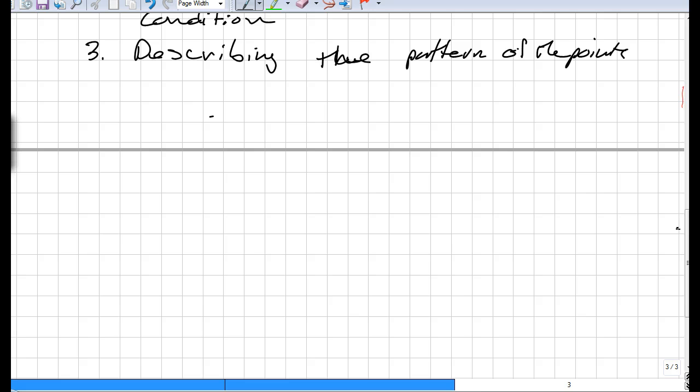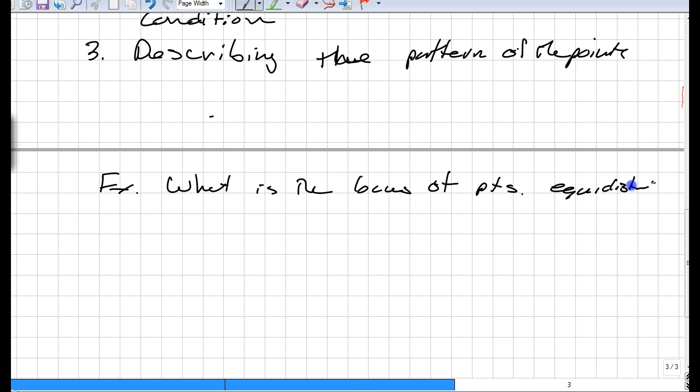So, for instance, example. What is the locus of points equidistant from the sides of a triangle?